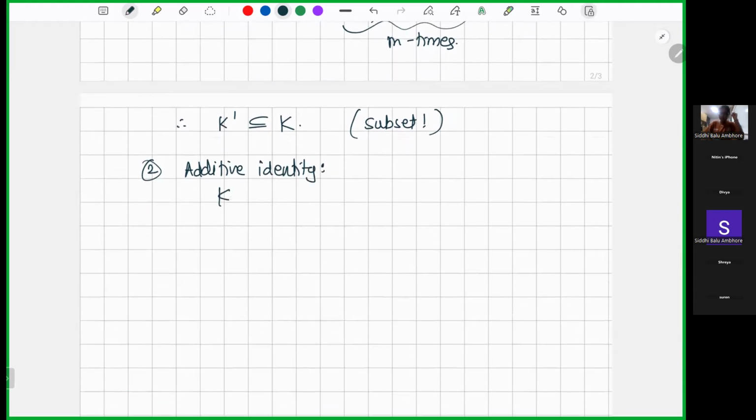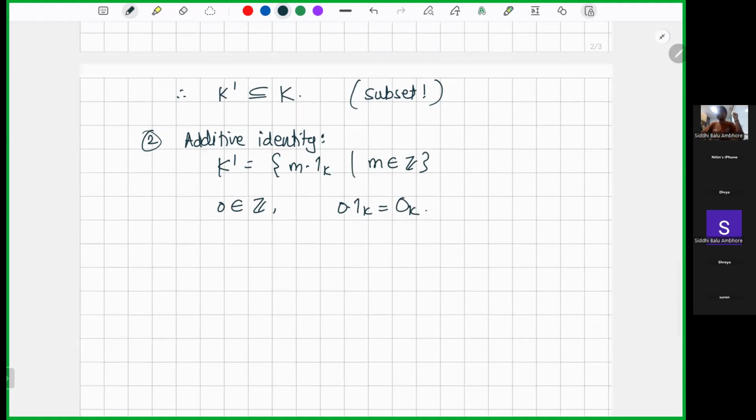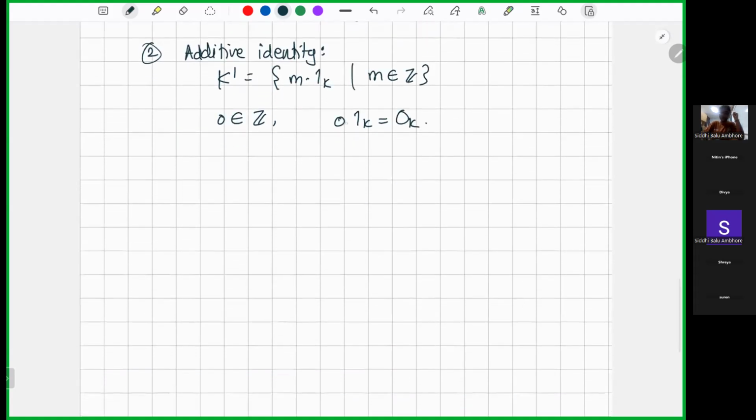Since K dash is all m into 1_K such that m in Z, and 0 belongs to Z, 0 into 1_K is my 0_K. Hence the additive identity 0_K belongs to K dash.